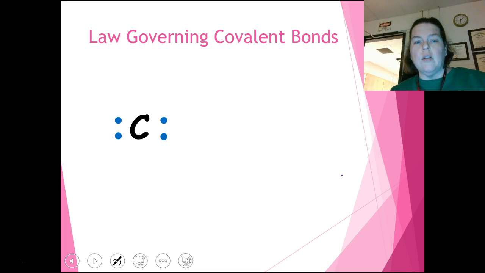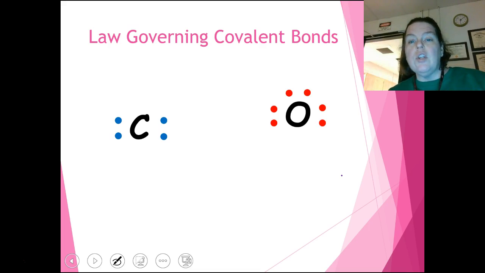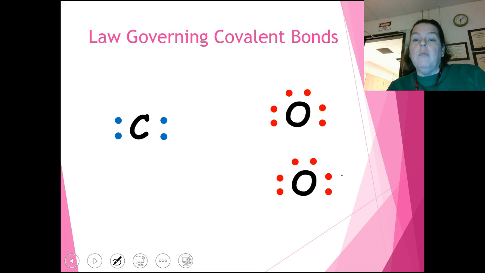So what we're going to see here is carbon rearrange itself because carbon still has to share 2 electrons, but now it's got to share 2 electrons with each oxygen. So we see that. But oxygen's going to rearrange too because carbon has to have 4 electrons. But since there are 2 oxygens, each oxygen can share 2 electrons with carbon and make the carbon happy.